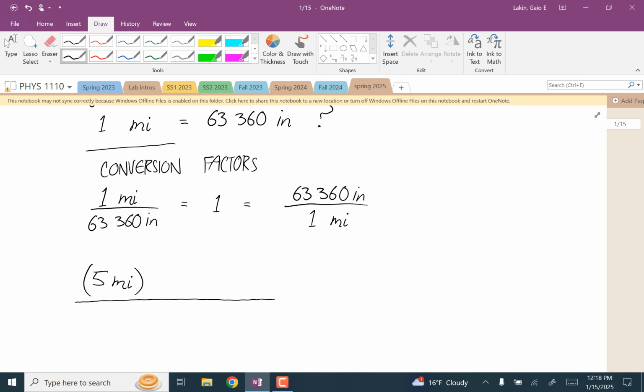Now we have to think, which one of these two conversion factors do we have to multiply by to cancel the miles in the top? Those are the unwanted units. We're trying to get rid of those and replace them with inches. Well, miles are in the numerator, so we want miles in our conversion factor to be in the denominator. Do you see that? Any questions about that? And so we'll multiply this by 63,360 inches divided by 1 mile.